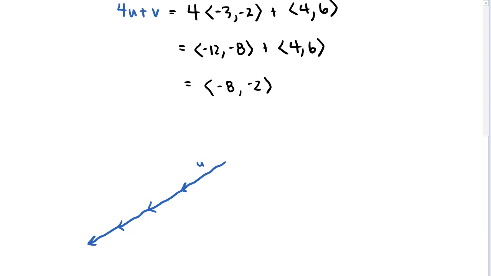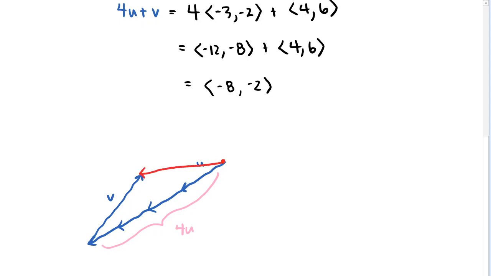I'll write this down as 4u. And then adding on our vector v, the vector 4 comma 6, so 4 units to the right, 6 units up. Maybe it looks something like this. And so the vector 4u plus v, that's this vector here.